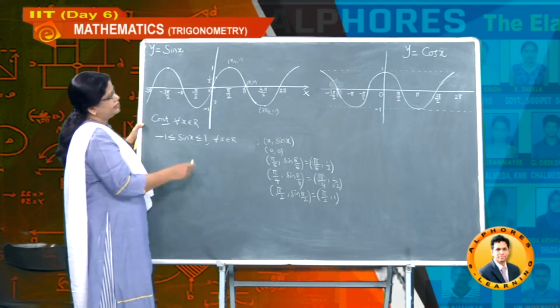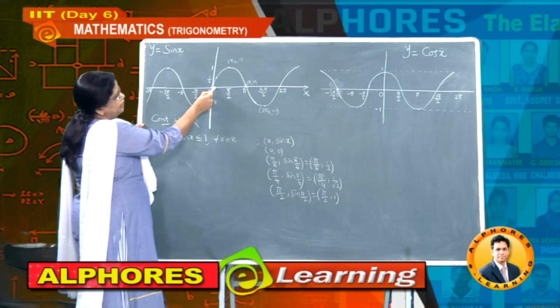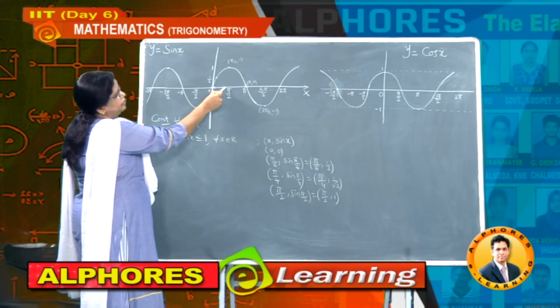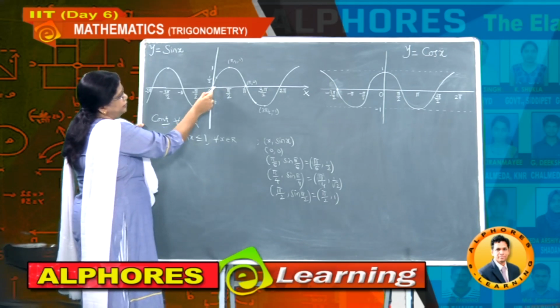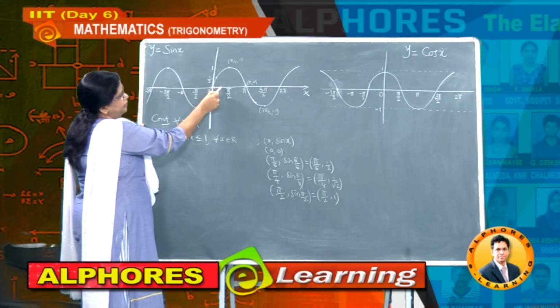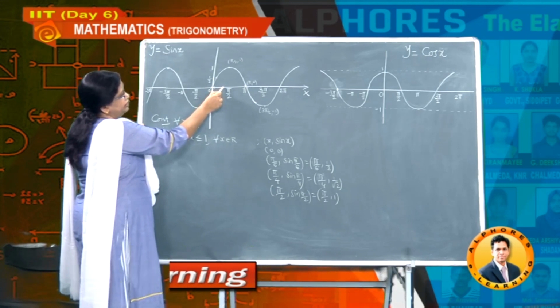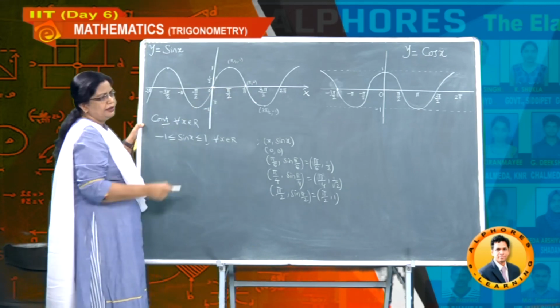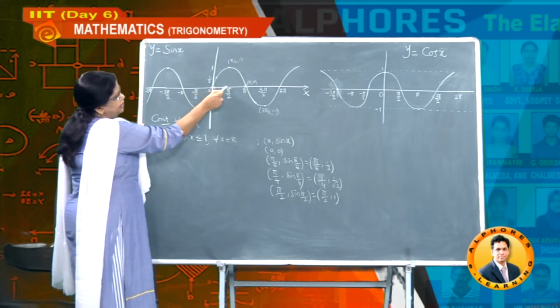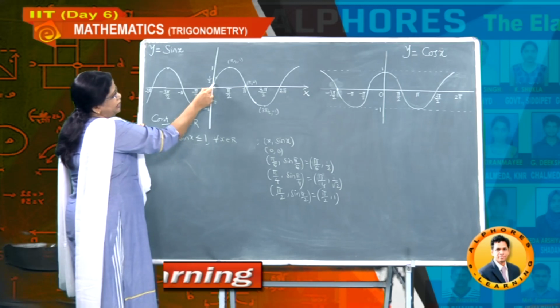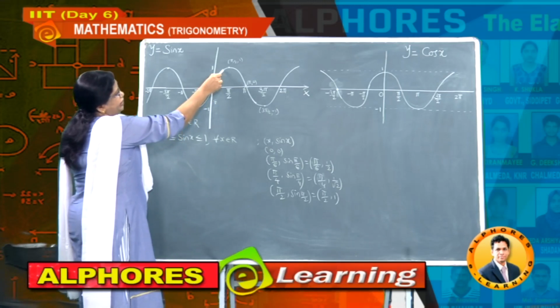Later, what is the next observation? The next observation you take is when x values are increasing. X values are increasing from 0 to pi by 2, 0.1, 0.2, 30 degrees, 31 degrees, like this it is increasing, and correspondingly y values also increase.